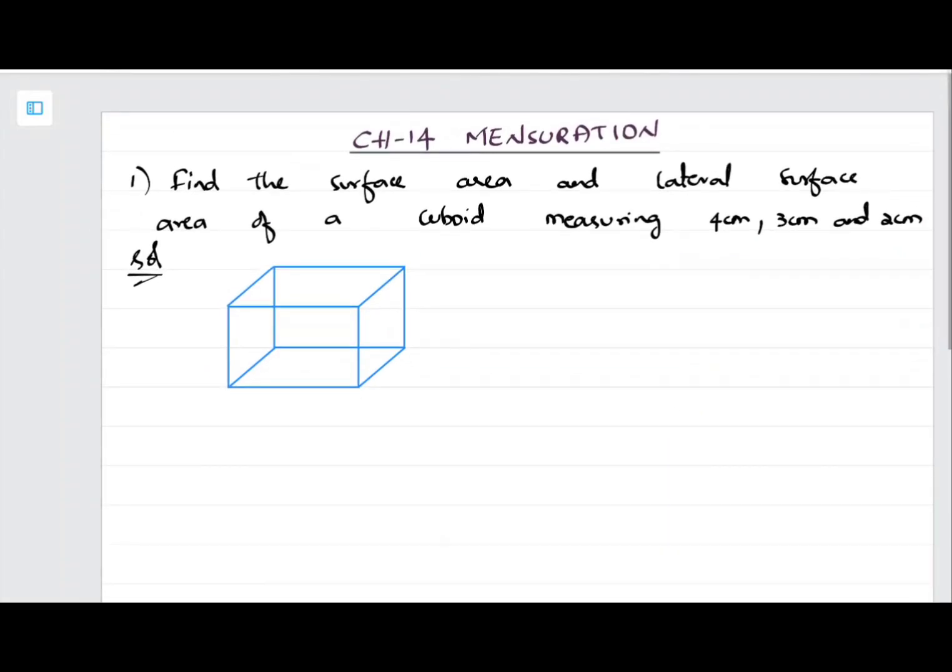The question is: find the surface area and lateral surface area of a cuboid measuring 4 centimeters, 3 centimeters and 2 centimeters.